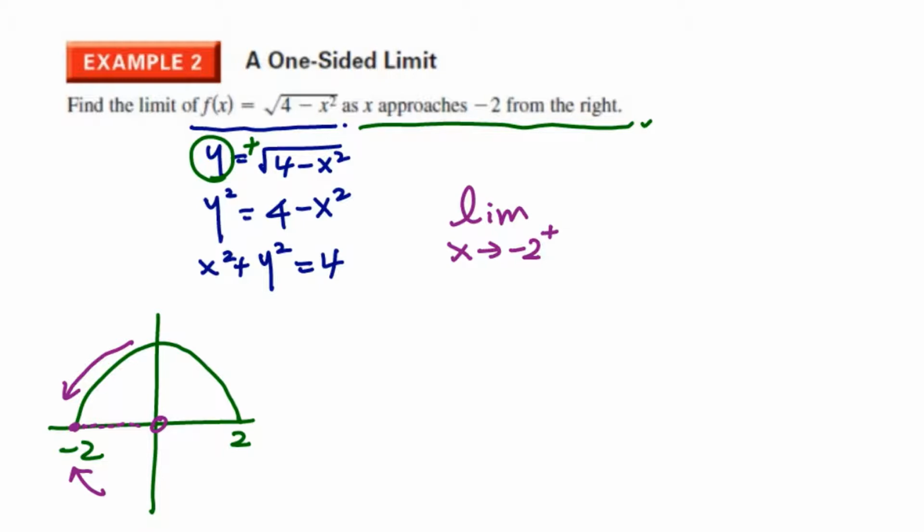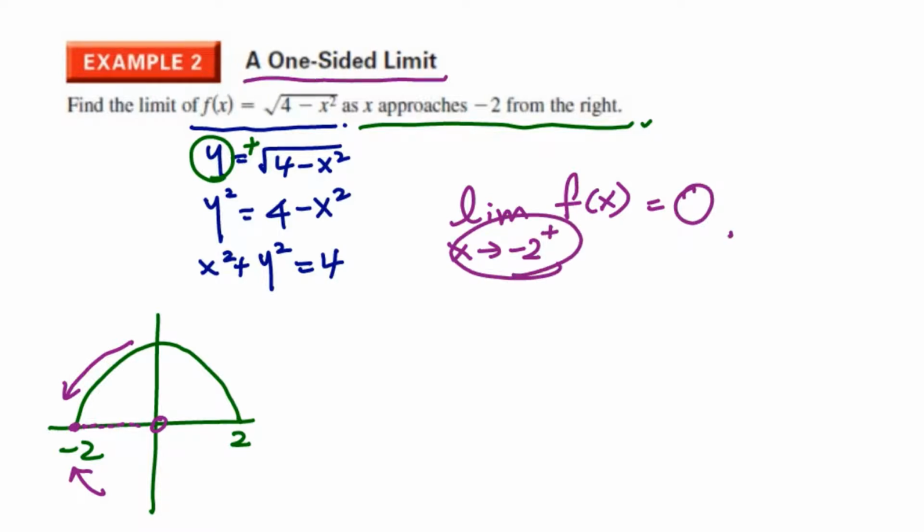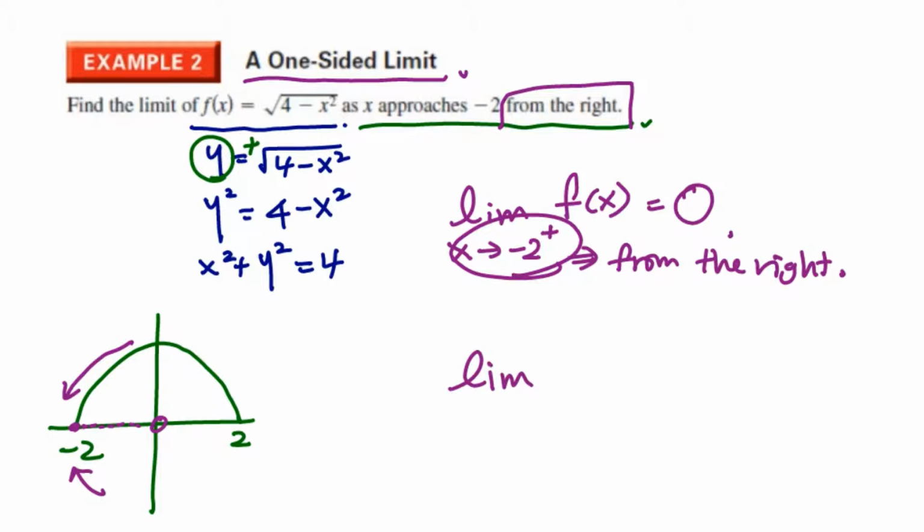So the limit of f of x equals 0 in this case. This is what we call a one-sided limit, because it comes from one direction. This is when x approaches negative 2 from the right. And if x approaches from the left, then we write x approaching negative 2 from the left. So remember the positive sign and the negative sign.